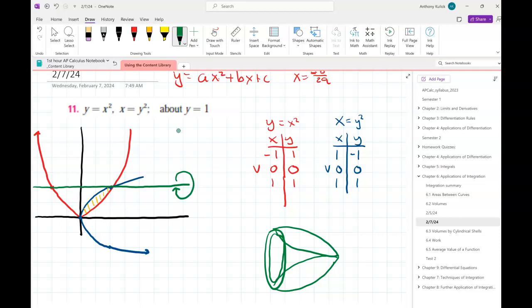The key is recognizing that there's going to be an opening in the middle, right? This is a concave surface. Can we all see that at least? And usually it's easy to see because you have some open space between the curve and your axis of rotation, right?